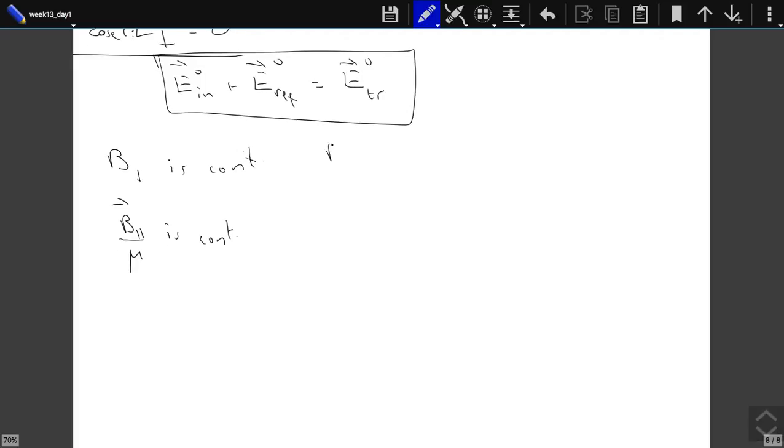Well, B perpendicular, B is k hat cross E. That is how we relate k and E. So B perpendicular is continuous.